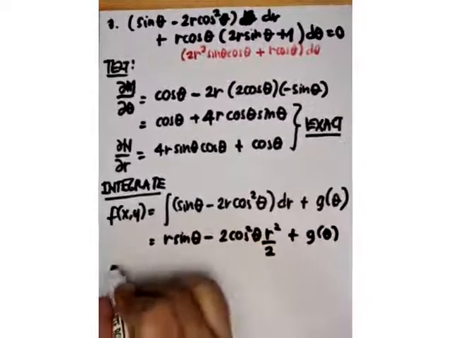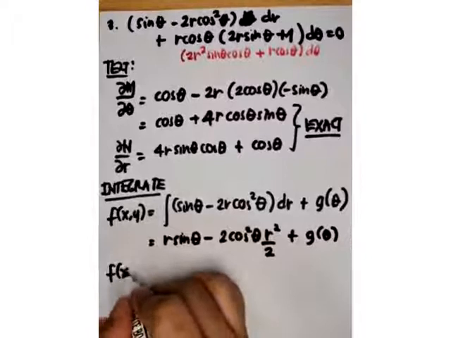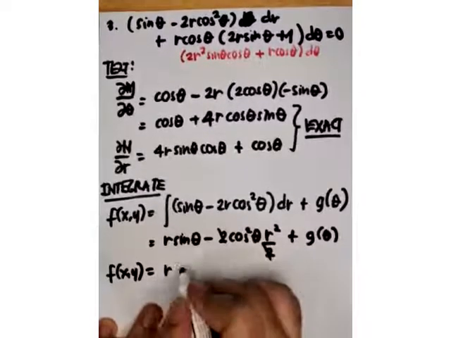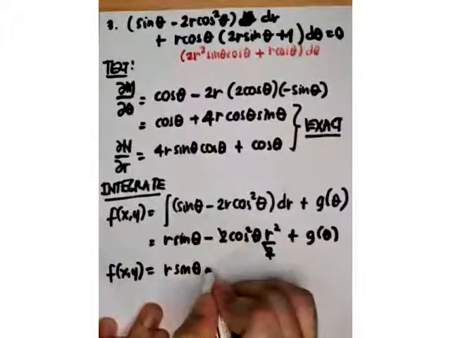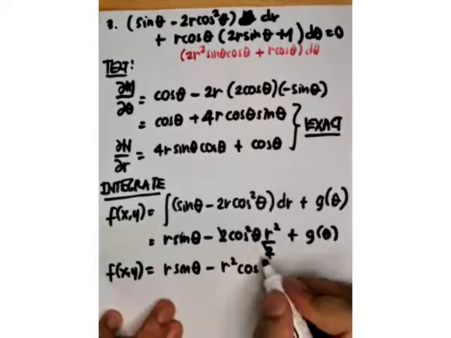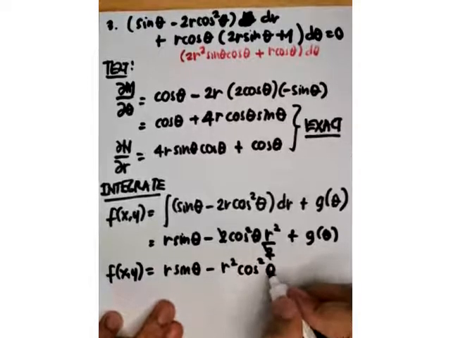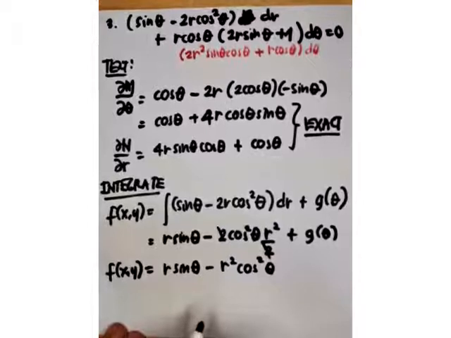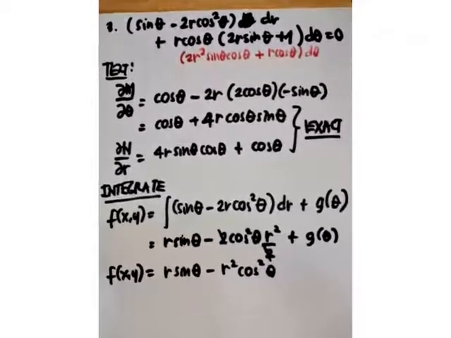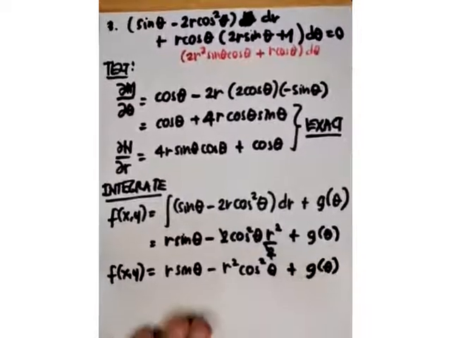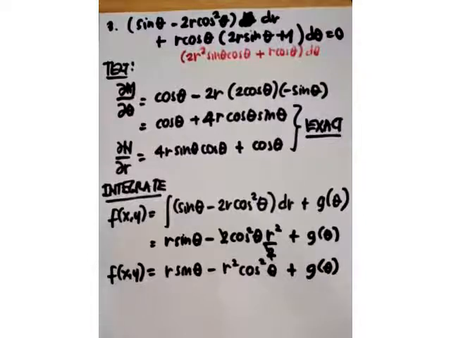So if you will rewrite, to simplify, so that's equal to, so we can cancel that. So that is r sine theta minus r squared cosine squared theta. Ayan. Plus g of theta. Okay, what's the next step?